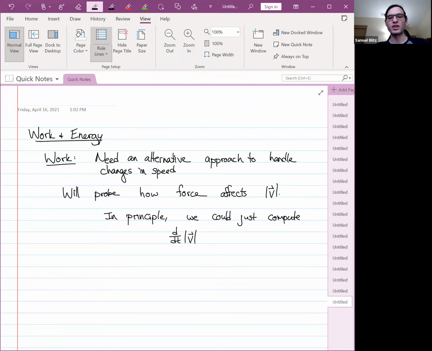When you take the derivative of that, you're going to end up with a square root in the denominator, and it will still depend on the velocity in some strange way. So instead, we're going to work with what looks like a slightly more complicated expression, but it will actually make the calculations we're about to do easier.